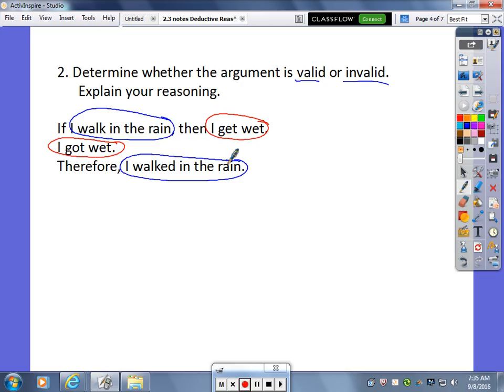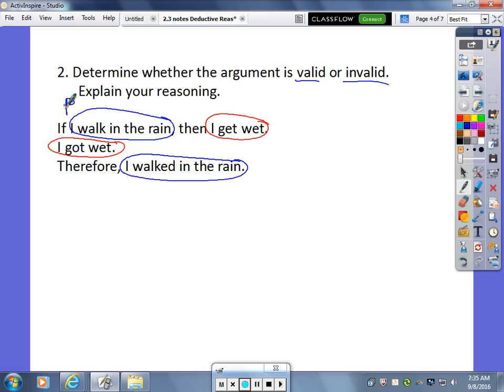If you look at this, you see that the argument starts with the statement, if I walk in the rain, and that should also be the statement which forms the link to the conclusion. If we write this in symbolic notation, it may be a little easier to understand.